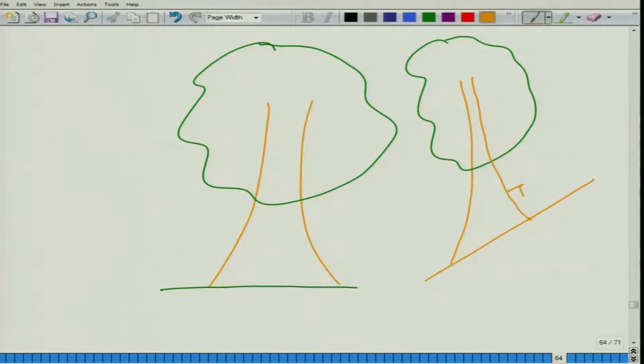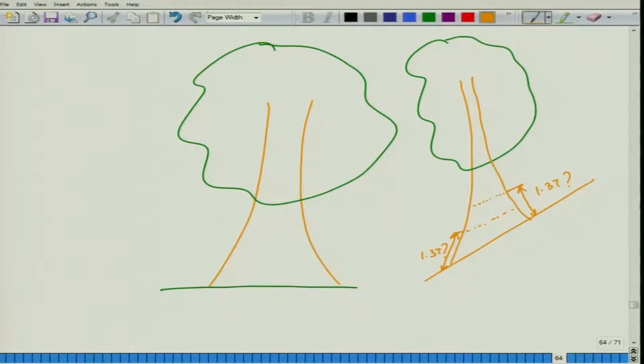Is it this 1.37 meters or is it this 1.37 meters? Because if you measure it at this point, you would have a greater diameter, and at this point you would be having a lesser diameter.